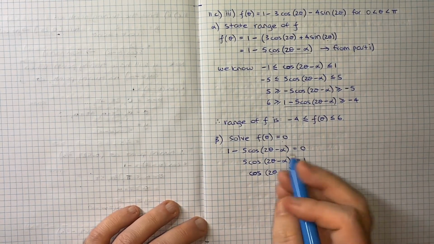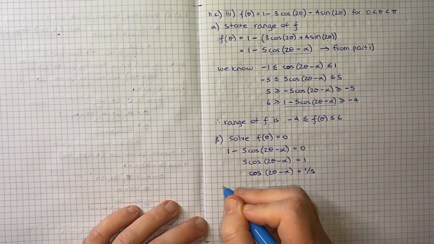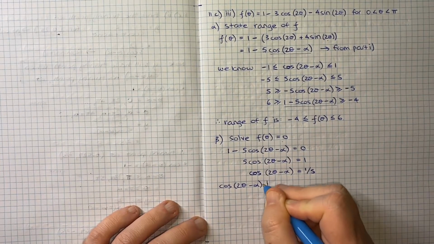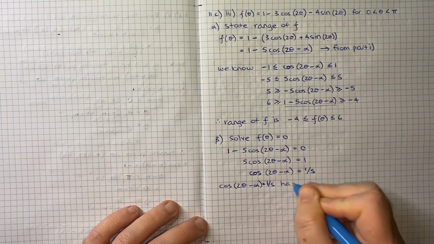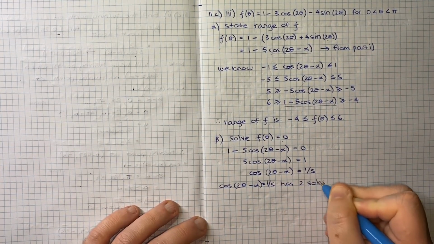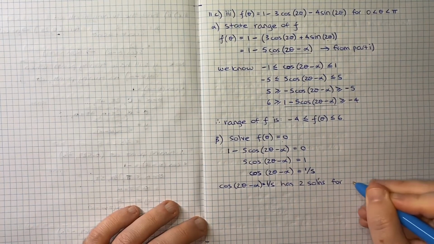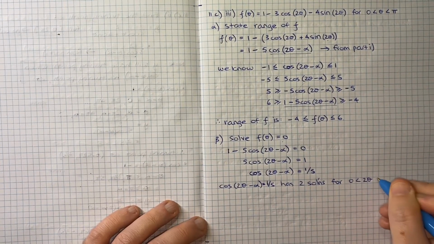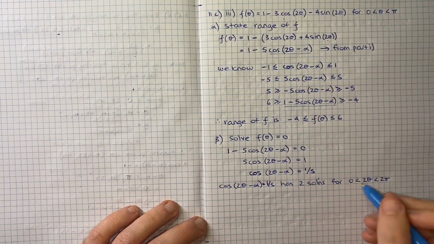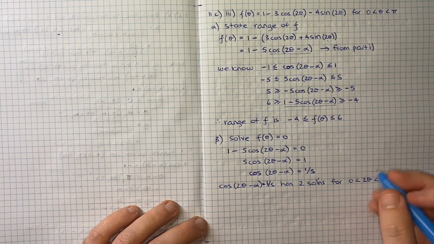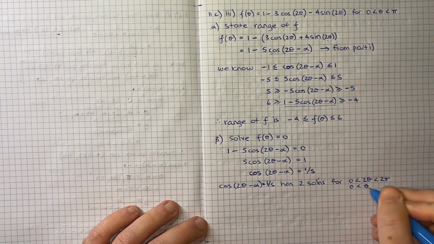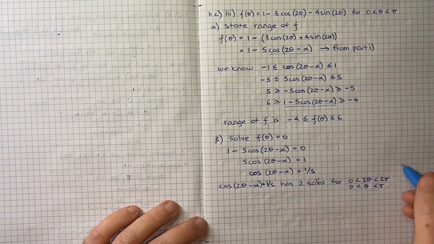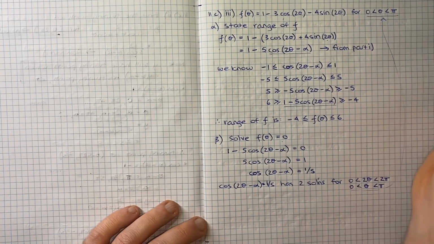So essentially we can say, since this is positive, cos of 2 theta minus alpha being equal to 1 on 5 has two solutions for the domain of 2 theta being between 0 and 2 pi. So if I just divide everything by 2, that's essentially the same as saying theta being between 0 and pi, which I think is important to note since that is the domain that we're being told to use for this question.